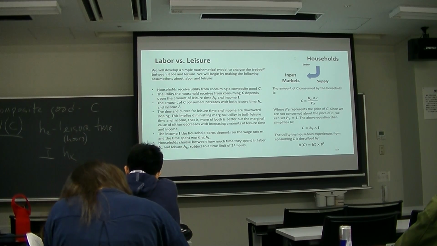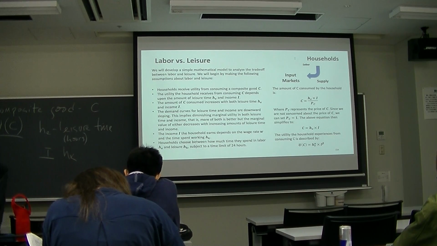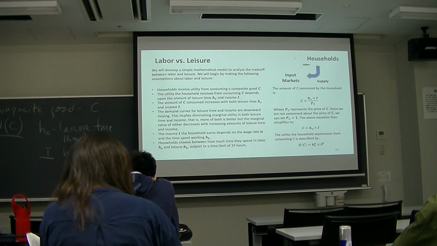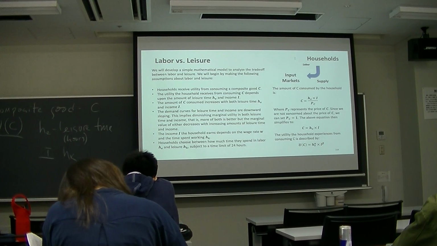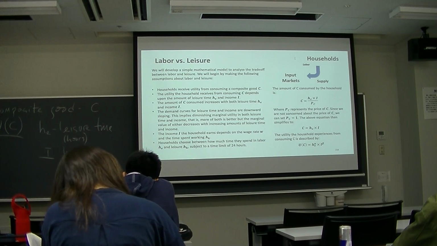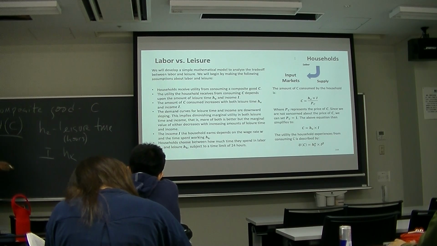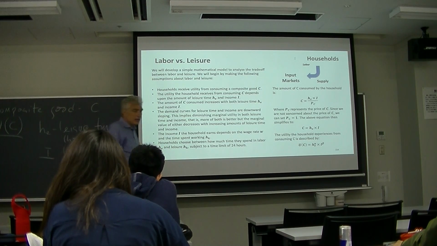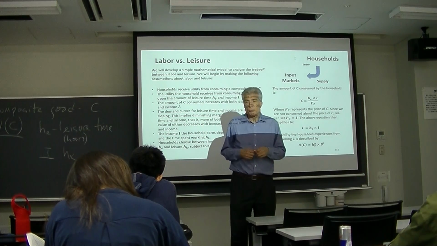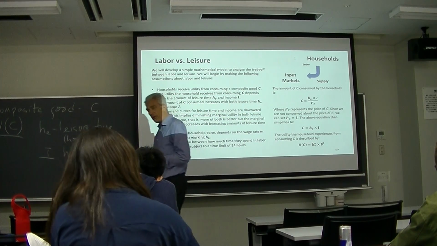Nothing magical about that either. These are basic assumptions that by now in the class should be natural to you. We're just taking the ideas and putting them into a numerical form.